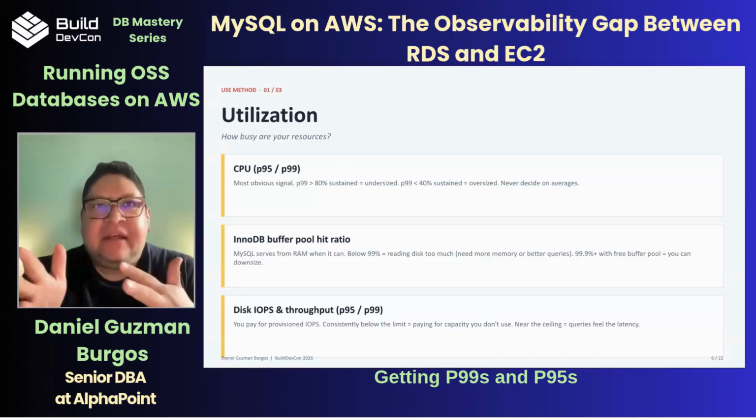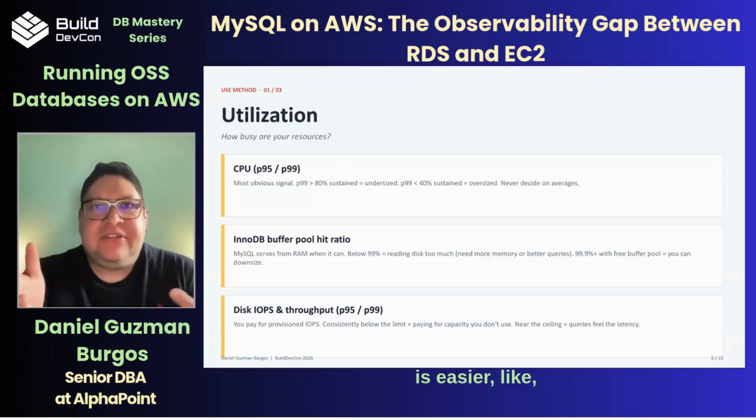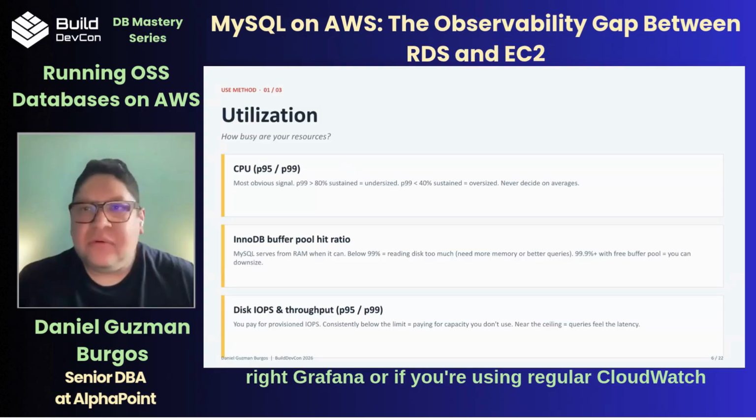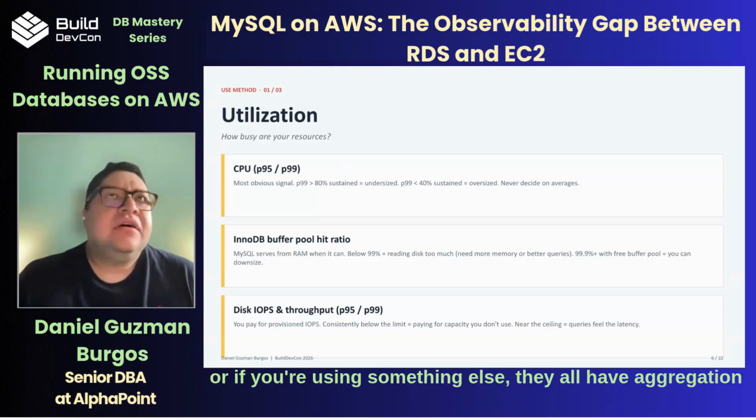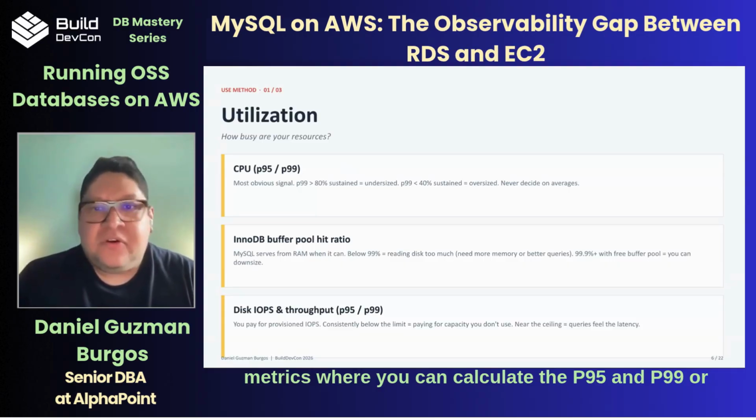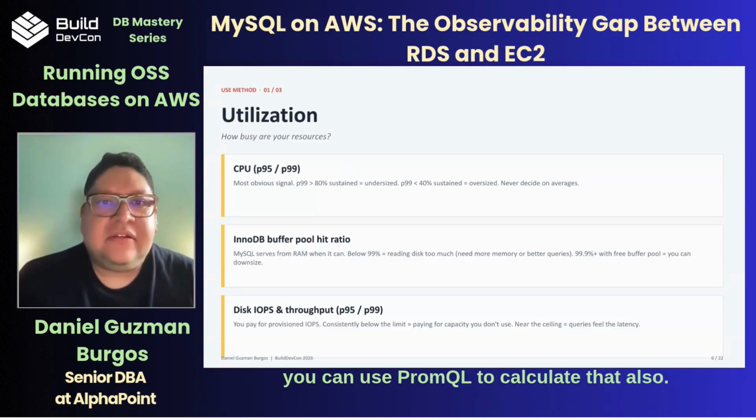Getting P99s and P95s is easy, whether in Grafana, regular CloudWatch, or something else. They all have aggregation metrics where you can calculate the P95 and P99, or you can use PromQL to calculate that also.